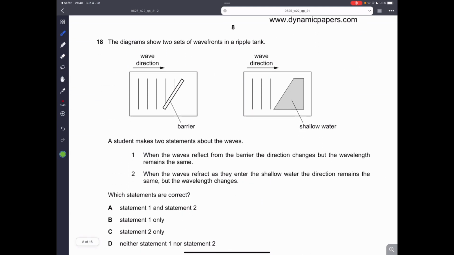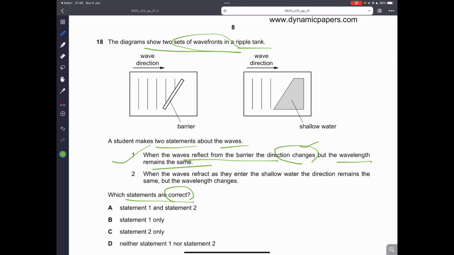Question 18. The diagram shows two sets of wavefronts in a ripple tank. A student makes two statements about the wave. Which statements are correct? Okay, let's look at statement 1. When the waves reflect from the barrier, the direction changes. True. But the wavelength remains the same. This is correct. For statement 2, when the waves enter the shallow water, the direction remains the same, but the wavelength changes.